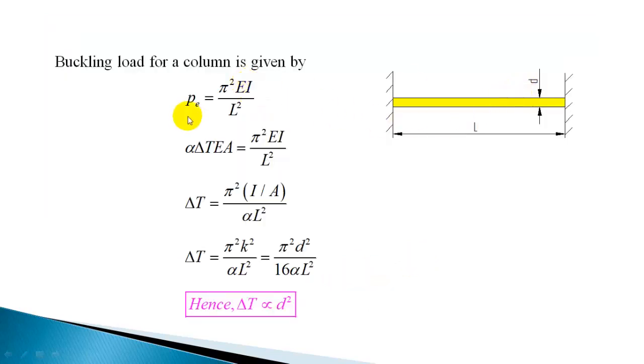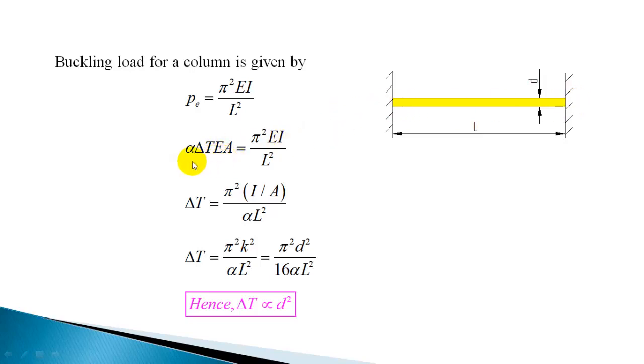Euler's buckling load is given by pi square EI by L square, and the force required to buckle is alpha delta T E A, which is the stress multiplied by area. So due to the temperature change, the compressive force induced is the buckling load.